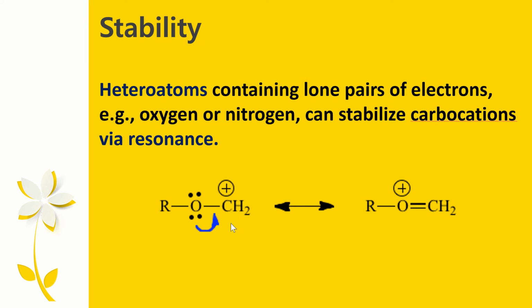As we said before, and that we'll continue to reinforce, once we can draw resonance structures, it means that that molecule has increased its stability because the electrons are now delocalized across 1 or 2 or several bonds.